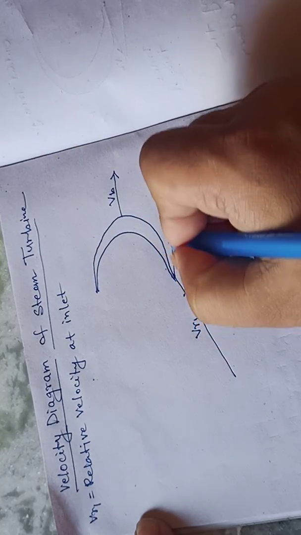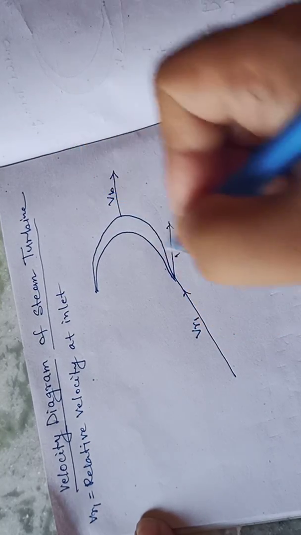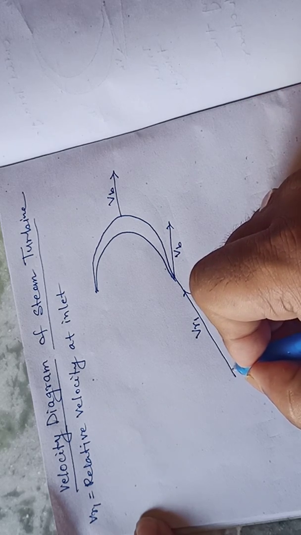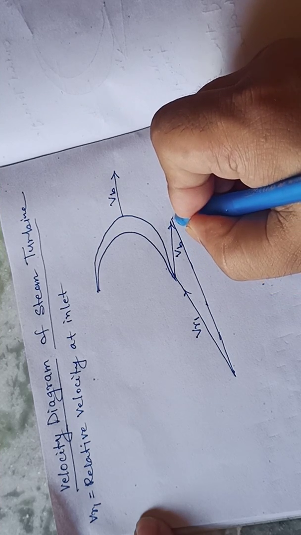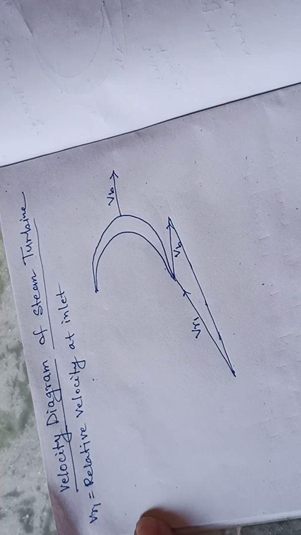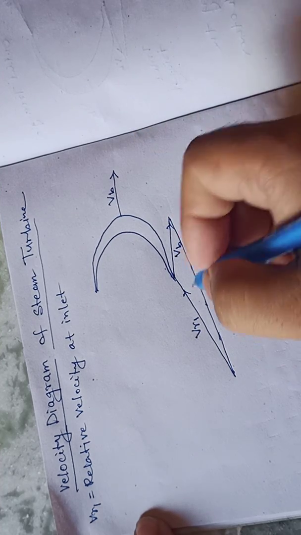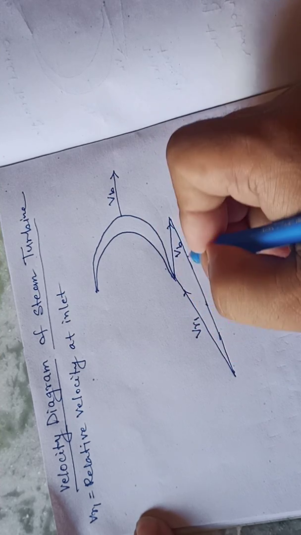Then this is the Vb. Now connect these two end points and produce a triangle.